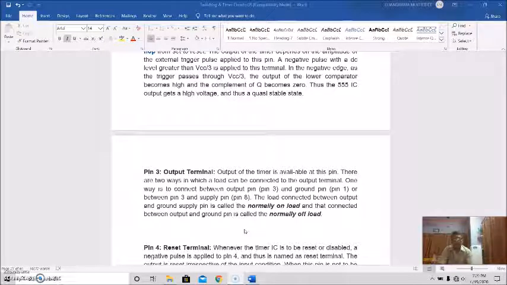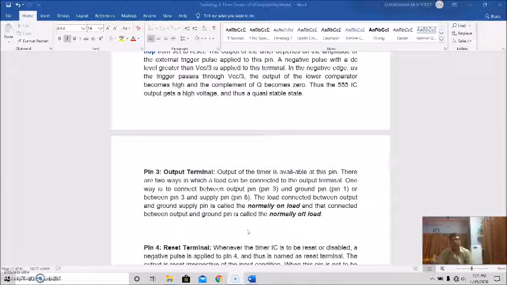Once again I am repeating the function of pin 3. This is the output terminal. The output of the timer is available at this pin. There are two ways in which a load can be connected to the output terminal.